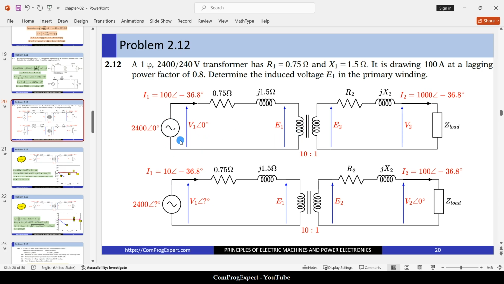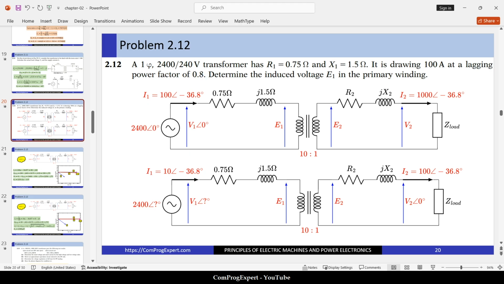In this case, we have this voltage for the V1, and this is the amplitude of the current, 100 amps. This is the angle of the current phasor with respect to the V1, because the power factor is 0.8.